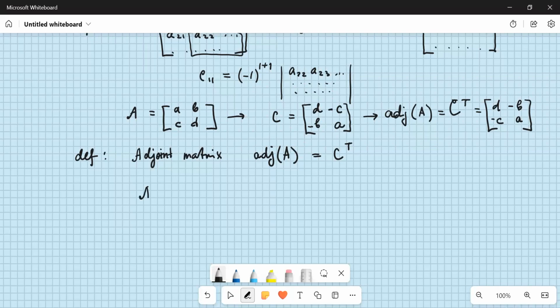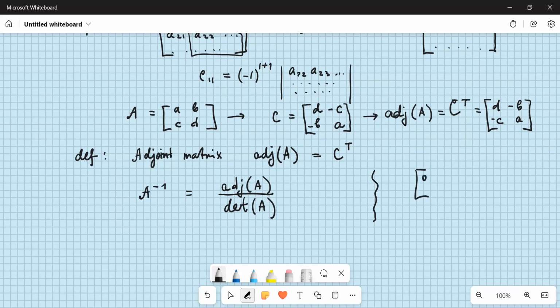So A inverse is going to be the adjoint matrix of matrix A divided by the determinant of matrix A. For a 2 by 2 matrix, it's working because, as an example, we are going to have what?